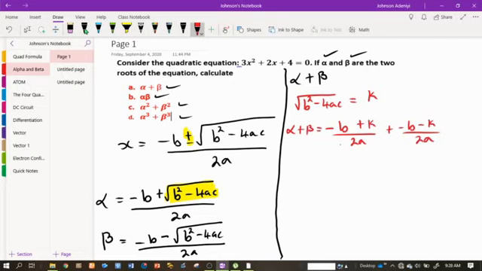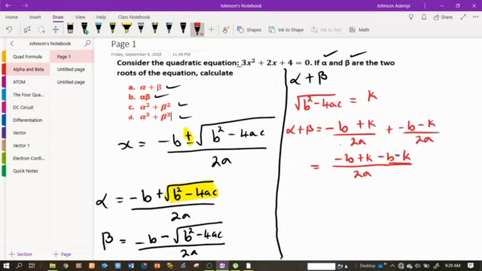So 2a is the LCM, and we have minus b plus k minus b minus k.